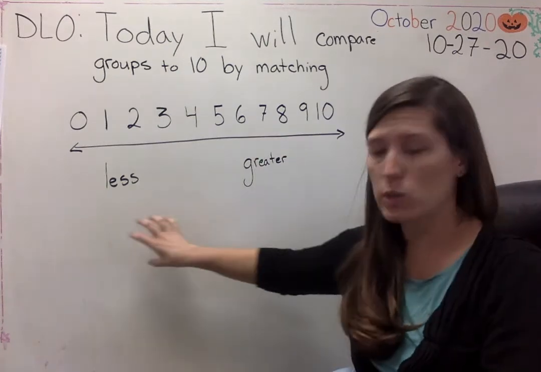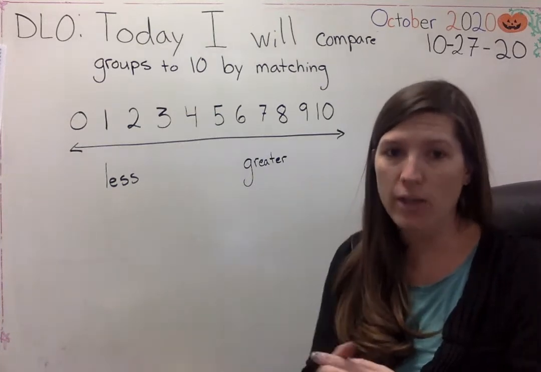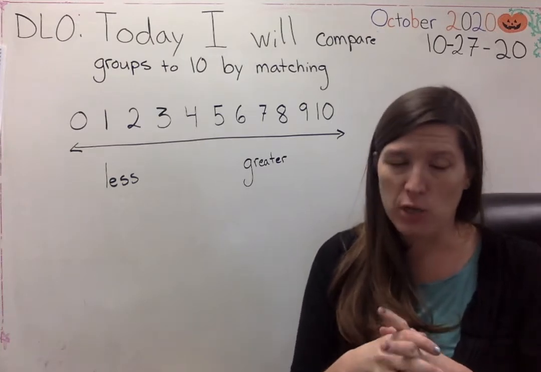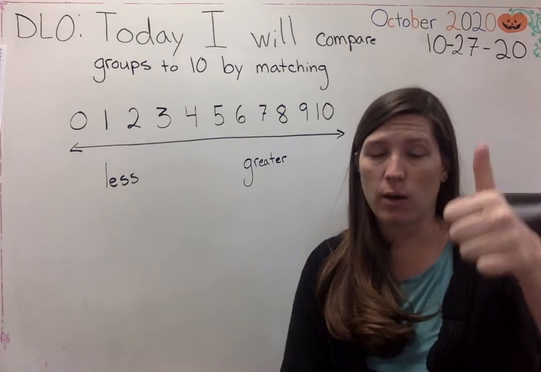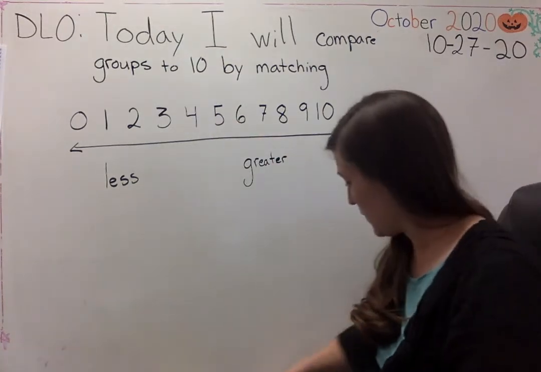So I'll leave this up here, and we're going to be comparing by matching. I'm going to use my magnets, and we're going to draw lines to match the different objects to find out which group of objects is less, not as many, or greater, getting more. All right, let's get started.